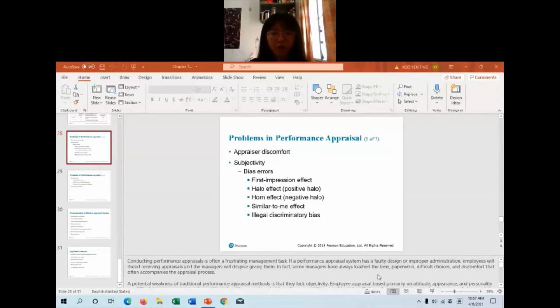A manager biased by a first impression effect might make an essentially favorable or unfavorable judgment about an employee. The halo effect refers to a positive halo, while a negative halo refers to the horn effect. The similar-to-me effect refers to the tendency on the part of a leader to judge favorably employees similar to themselves.